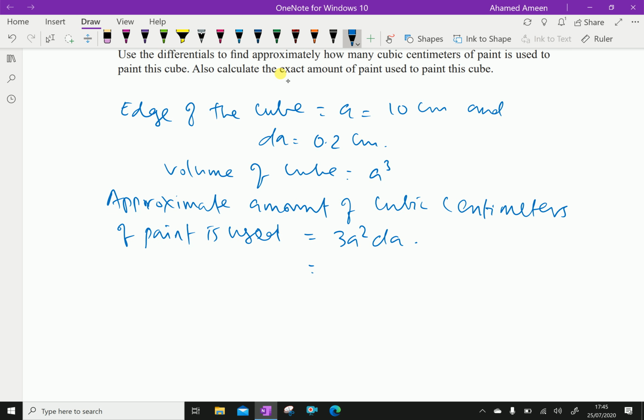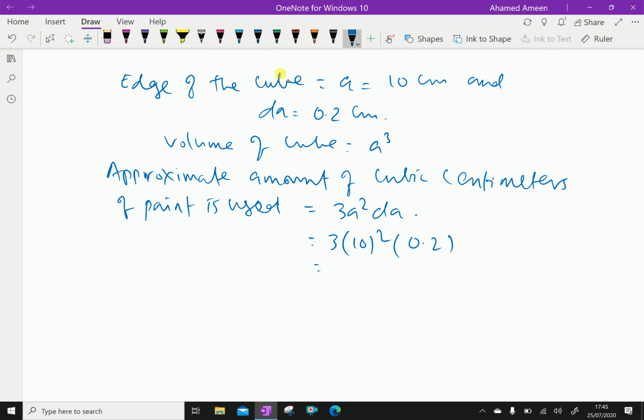Here 3a square is 3 into 10 square, into dA which is 0.2, which equals 3 into 0.2 is 0.6 into 100, which equals 60 centimeter cube.